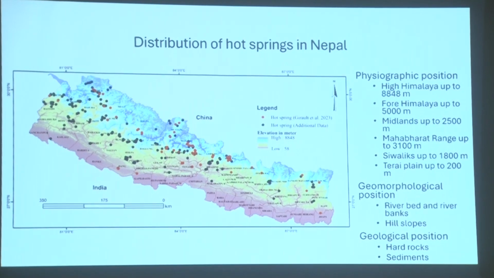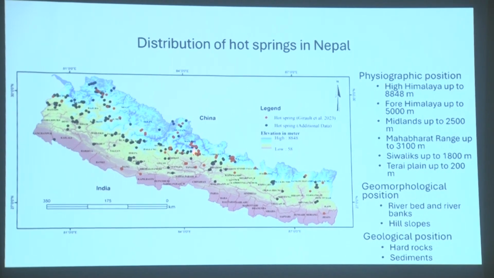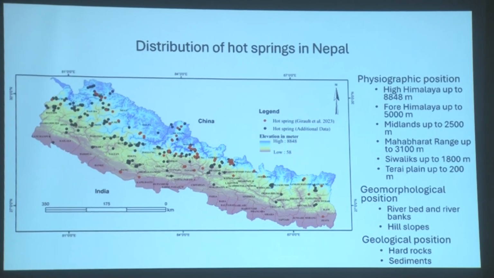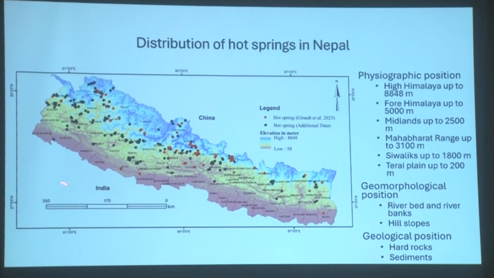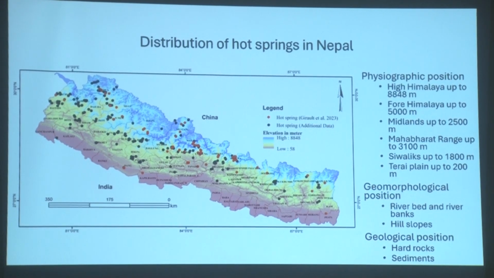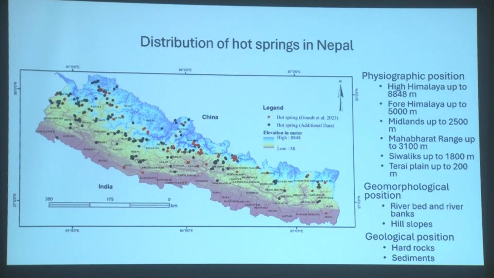First, I wish to explain the distribution of these hot spring locations in Nepal. These hot springs are widely distributed in Nepal, and hot springs are relatively more dense in western Nepal than in eastern Nepal.